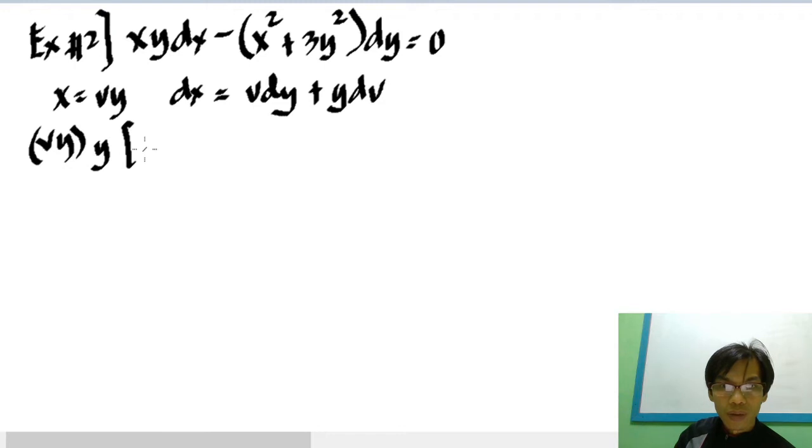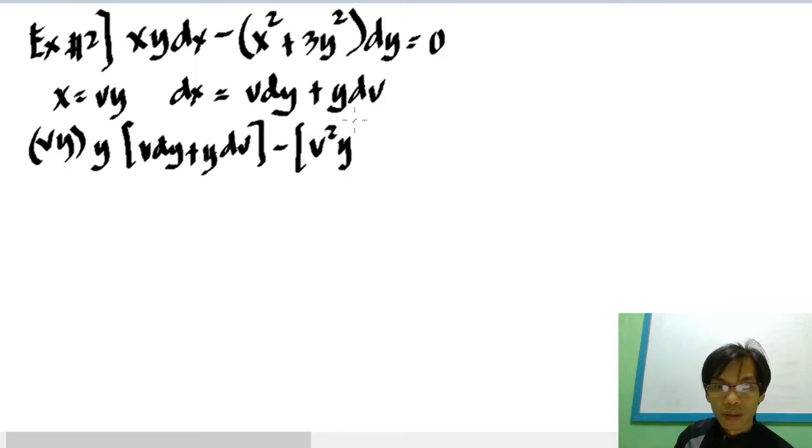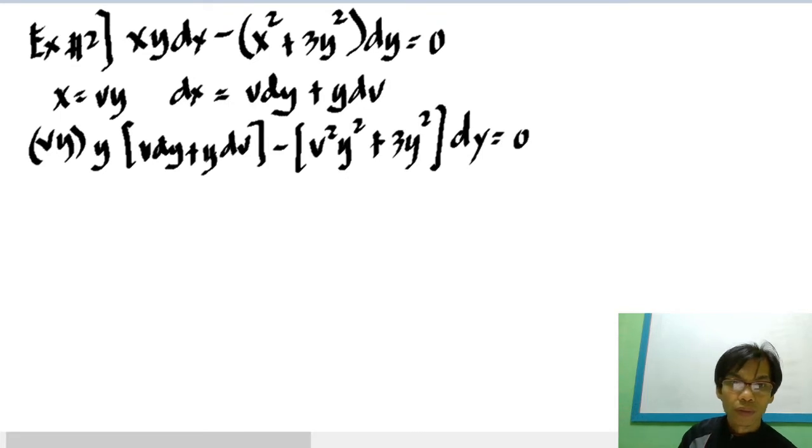Our dx is equal to v dy plus y dv, minus v squared y squared plus 3y squared dy is equal to 0.